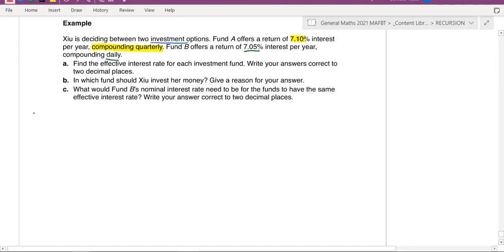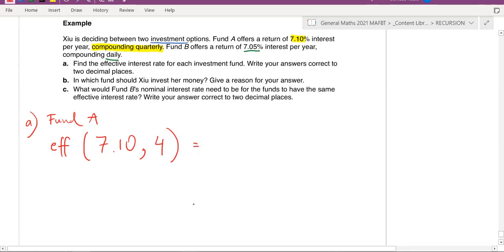Okay, so question A. Find the effective interest rate for each fund and write 2 decimal places. So let's go Fund A. We want to find the effective, so we're going to go F, and then write down the nominal rate for Fund A, which is 7.10, and it's compounding quarterly, so that means there's 4 quarters in the year.